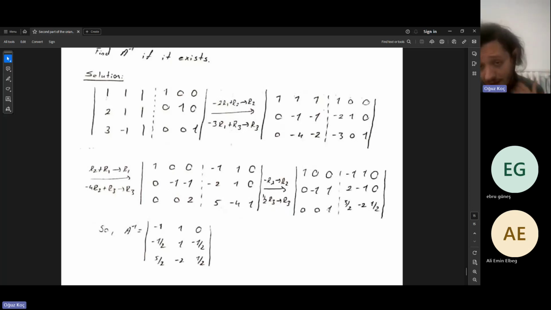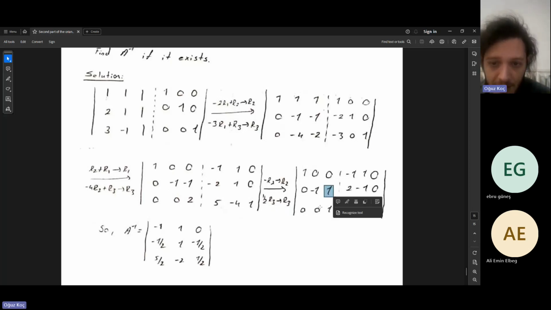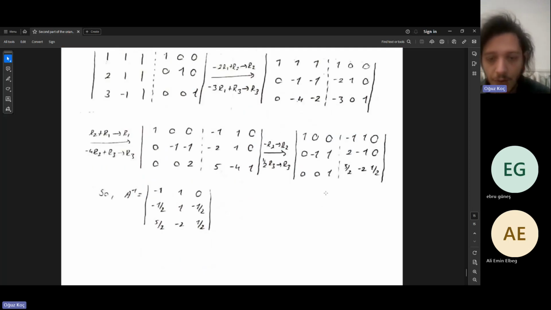We are very close to the identity matrix here, but there is a problem that we need to get rid of this. So for this reason, we need to subtract the third row from the second row. Therefore, we make it 0.